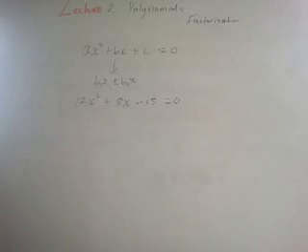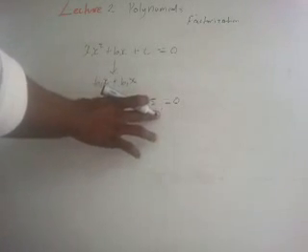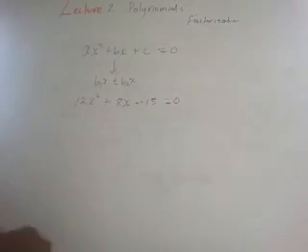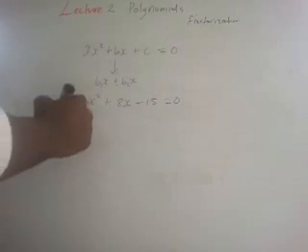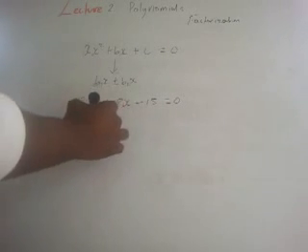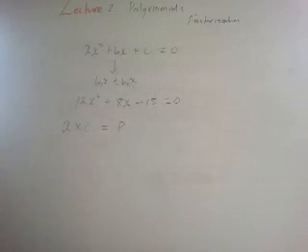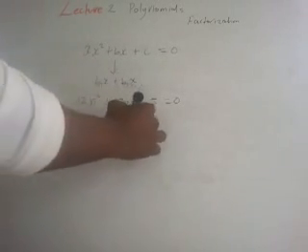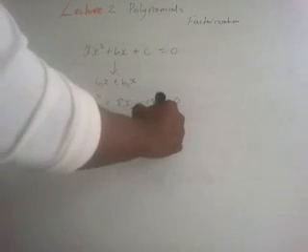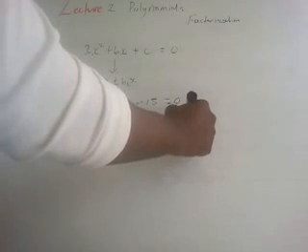Now, the first step in factorizing a quadratic equation is to multiply a times c. So we have a times c, and this should equal a product p, and this product is called the testing product.